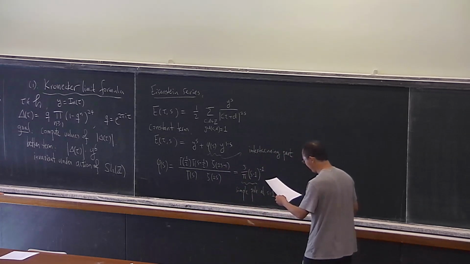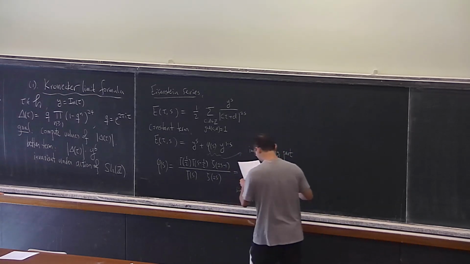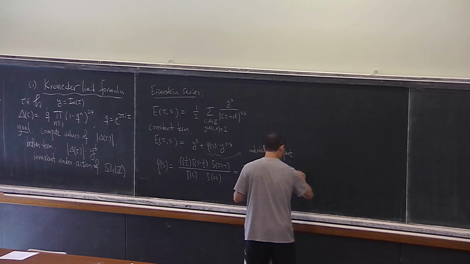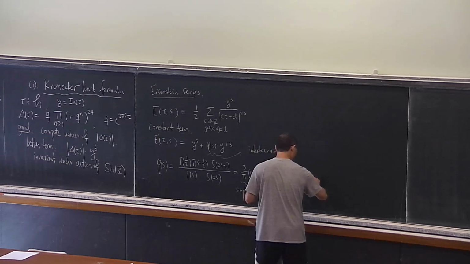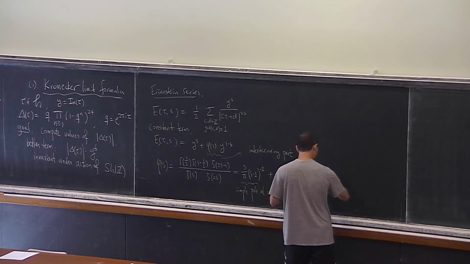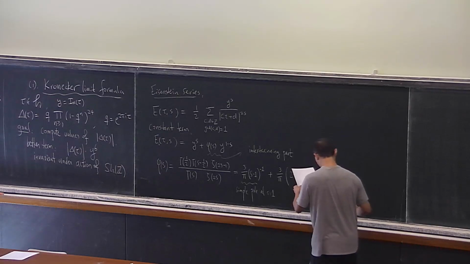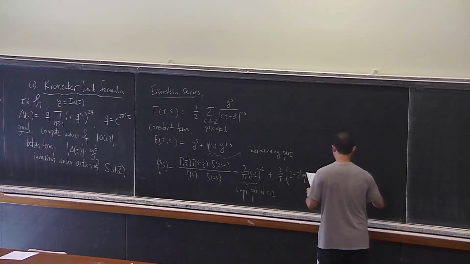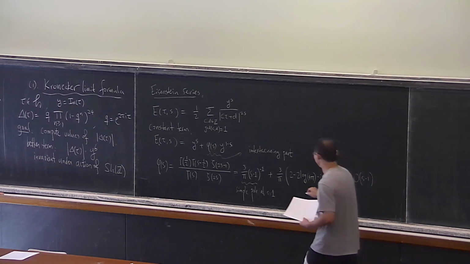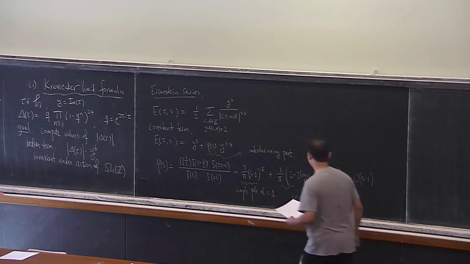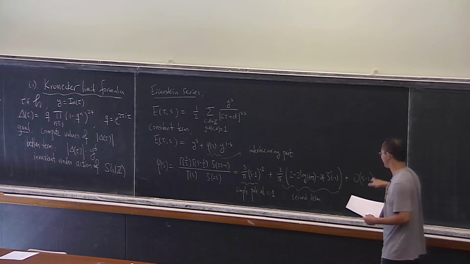And then we have the second term, which is like the constant term at s equals 1. Now these are the higher terms as s goes to 1, of course.